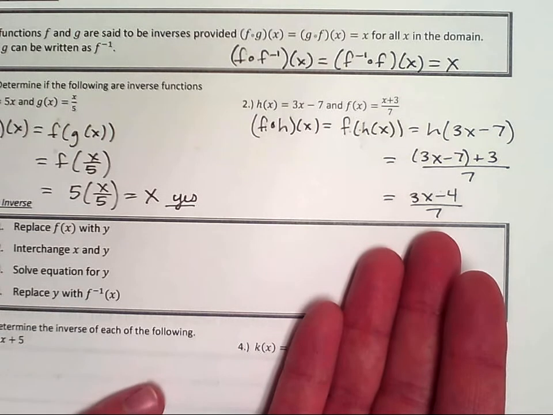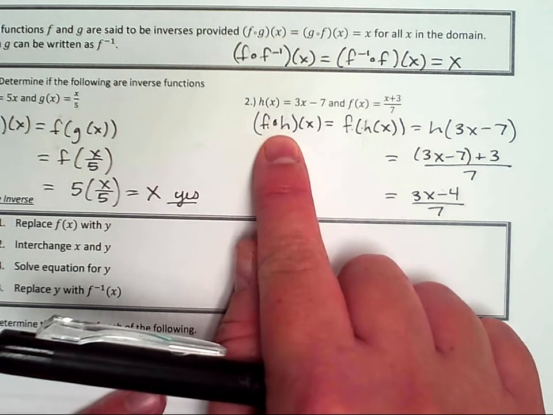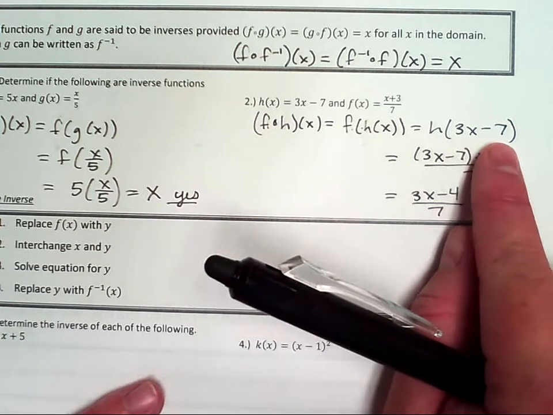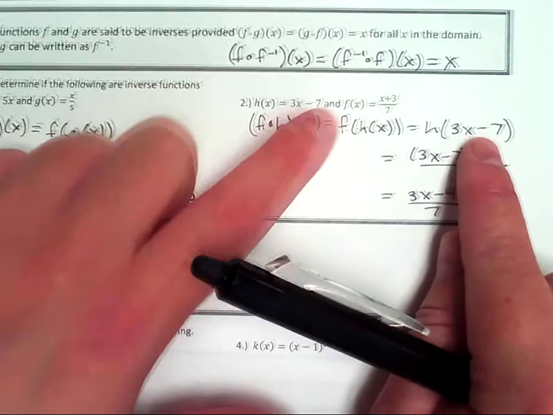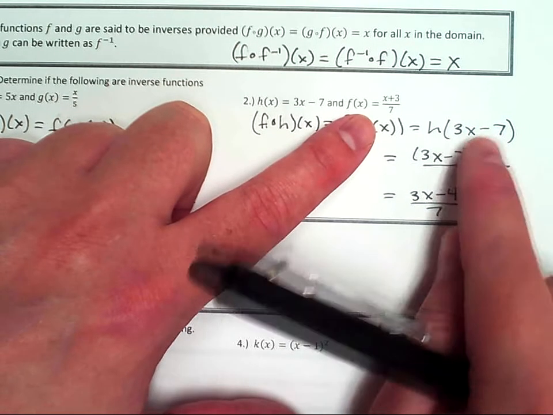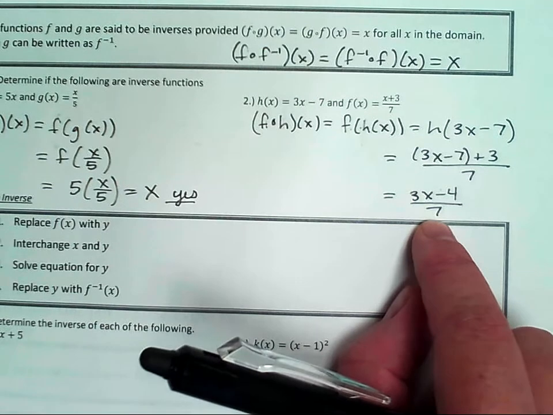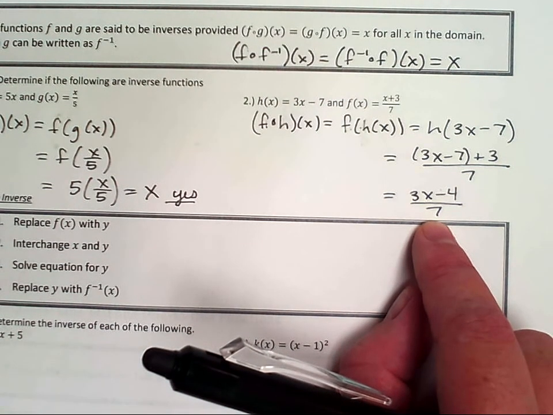I can't simplify this anymore. So I did f of h of x. I wrote down the definition, h of x equals 3x minus 7. And then I went to my f. Wherever I saw an x, I put 3x minus 7. And that's as far as I can simplify it down. It does not equal x, so they're not inverses.